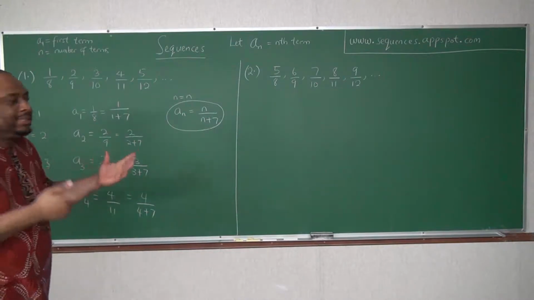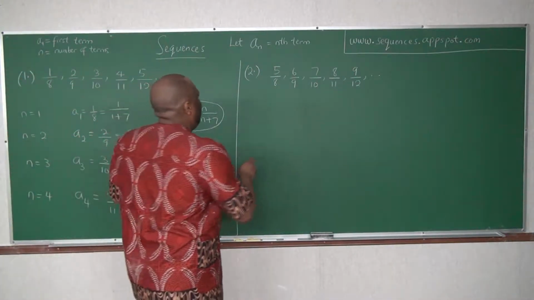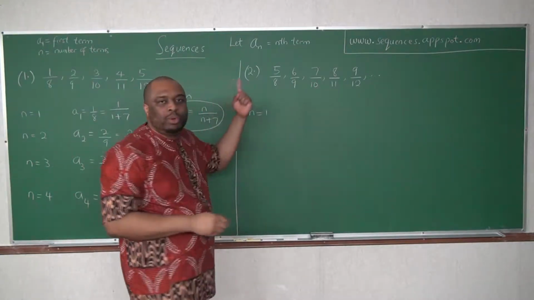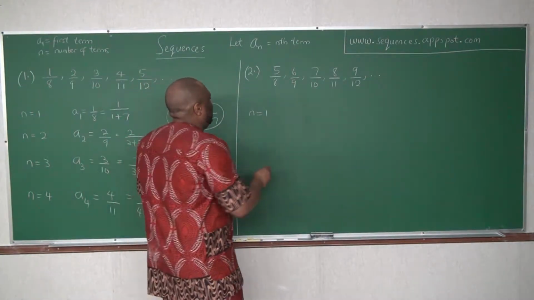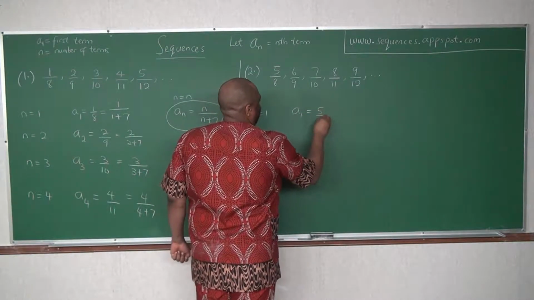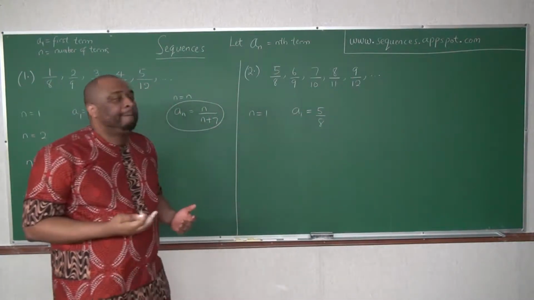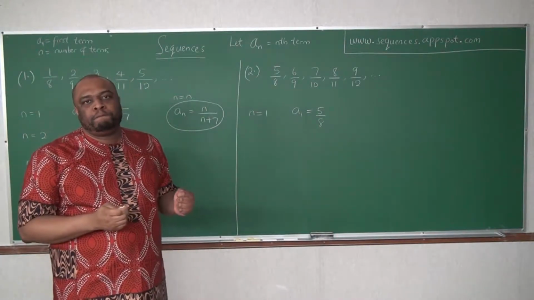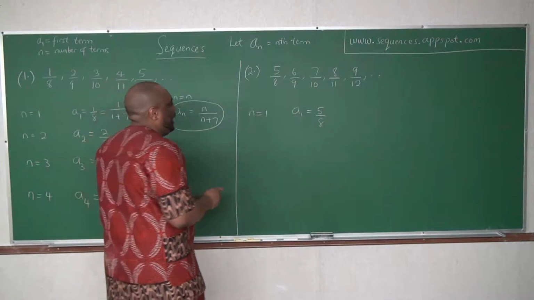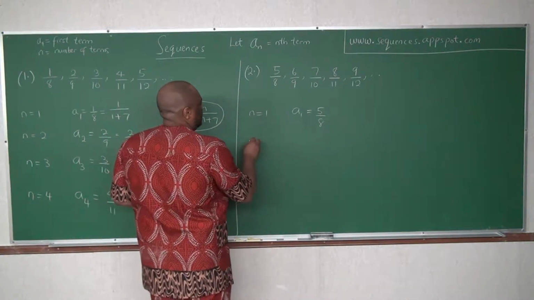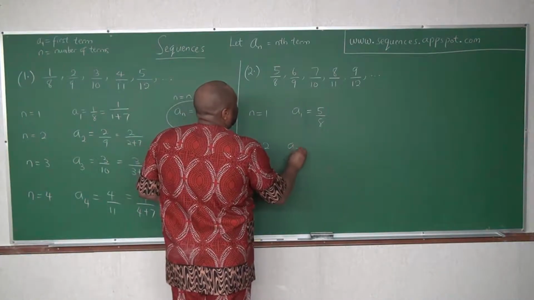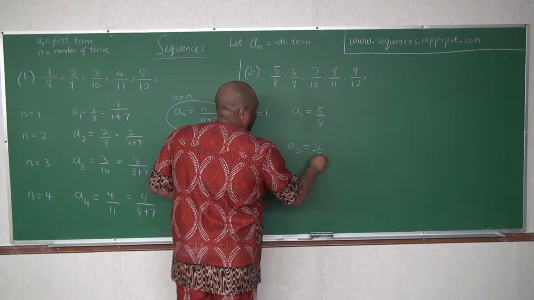So you look at this here. When n is 1, the first term a1 is 5 over 8. When n is 2, a2 is 6 over 9.